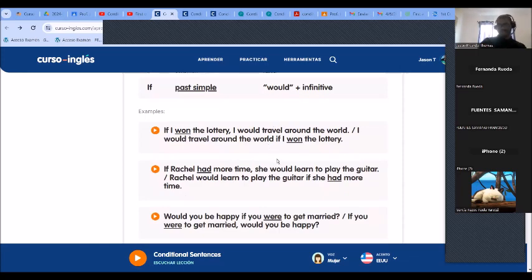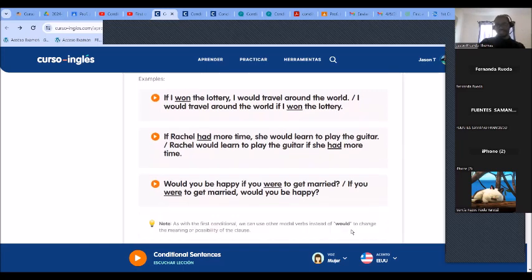So we could use could for can, or had to, any sort of past form of the modal you could definitely use when you're expressing the second conditional. You can change your would to other modals to give that same type of expression.